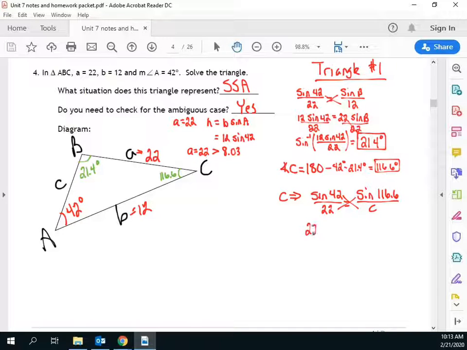Cross multiply and divide. And you end up with the length of your last side.